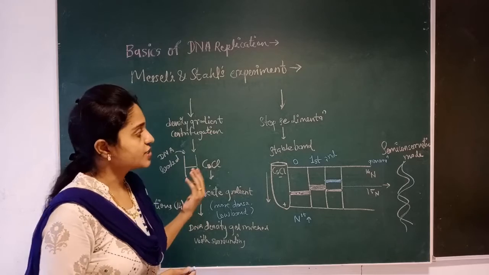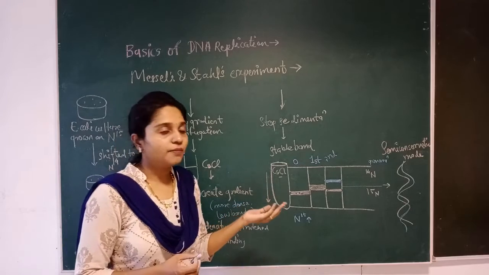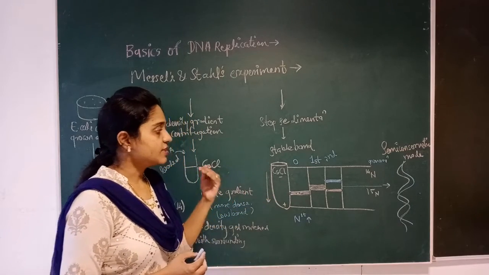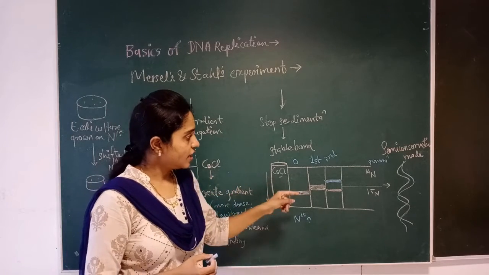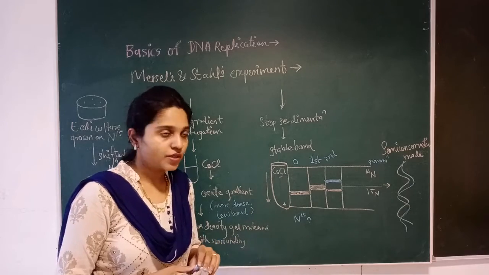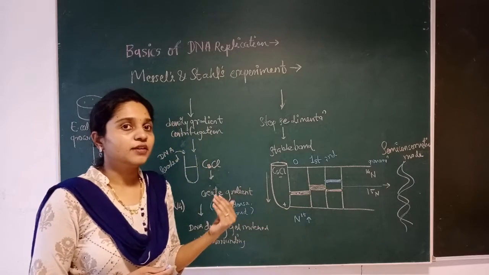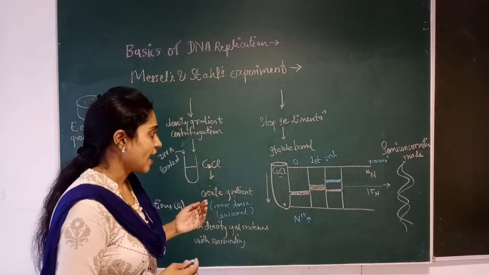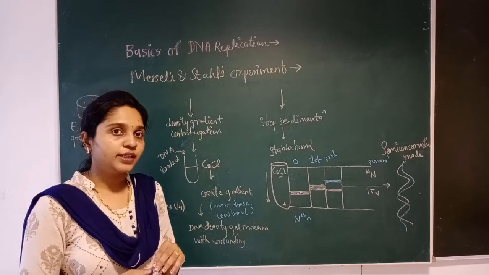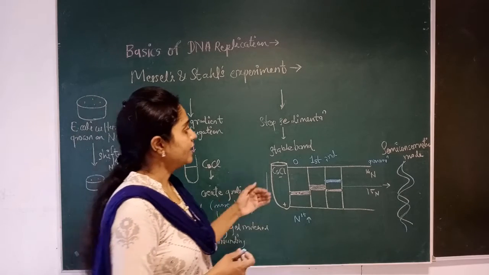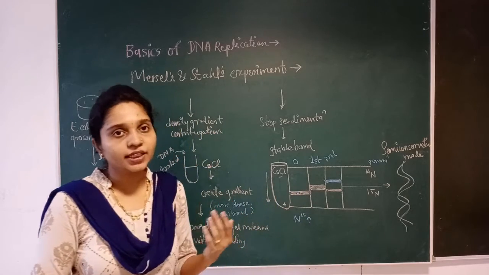Okay, then they were shifted to the N14 medium, and it creates a band on the upper side, as seen at the N14 medium. Okay, then again the cells were harvested after some generations, and they found that the DNA bands were intermediate between the N14 medium and the N15 containing medium.